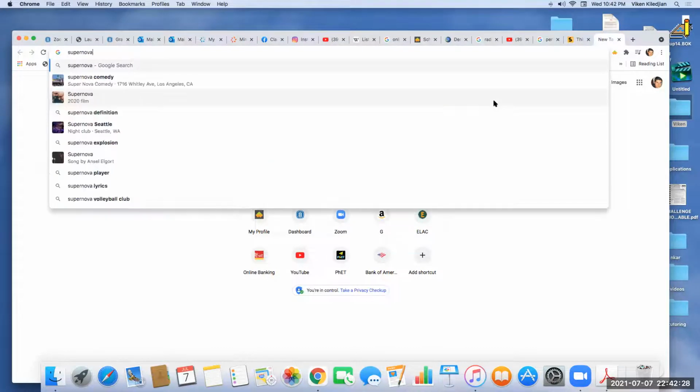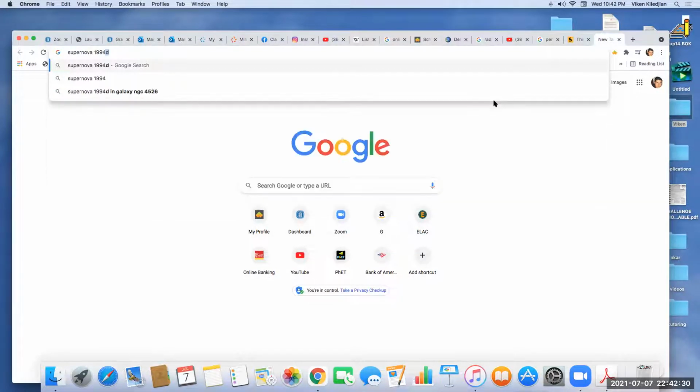Supernova 1994D. By D, they mean it's probably the fourth supernova observed in that year. I believe they name it in order: if it's 1994A, then it's the first supernova observed that year, B is the second one observed, C, D, and so on.